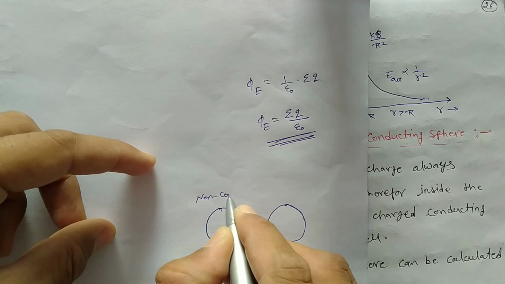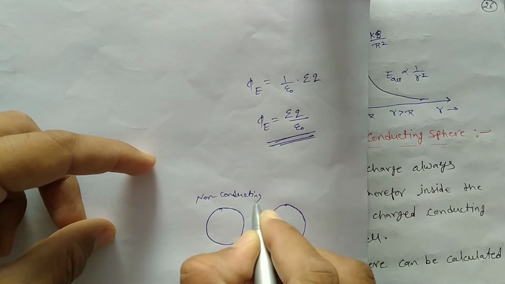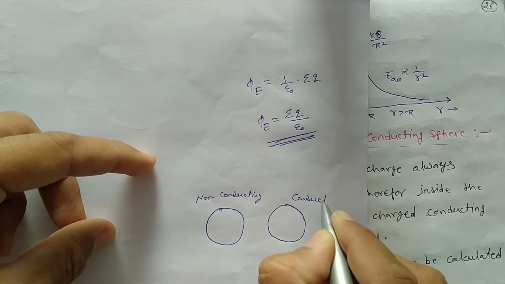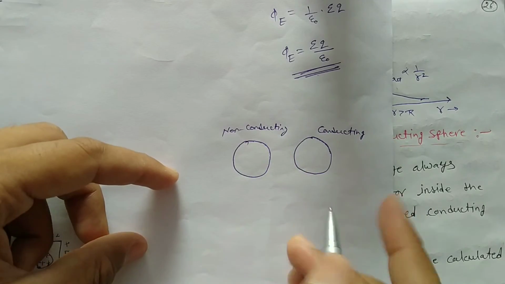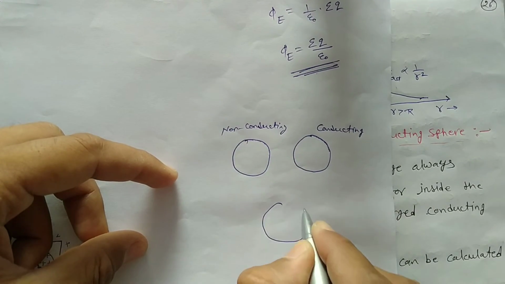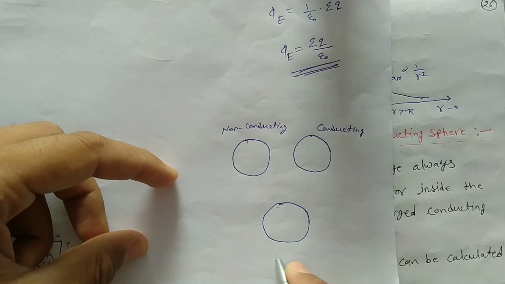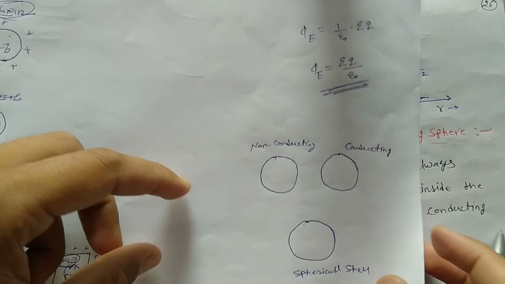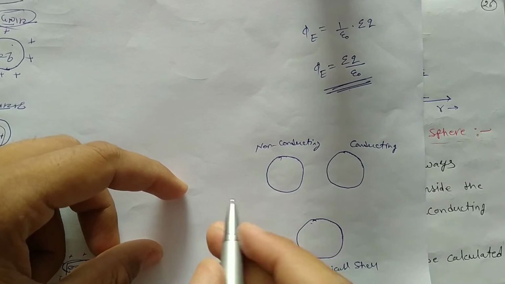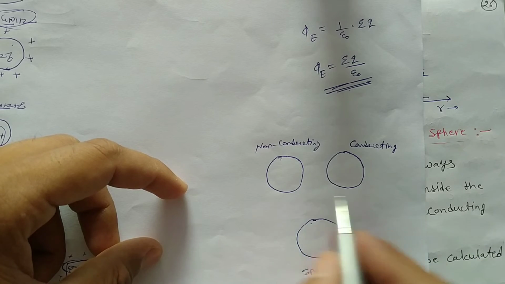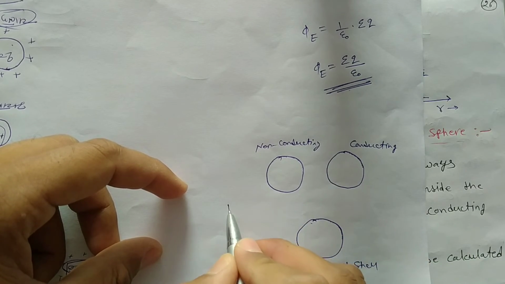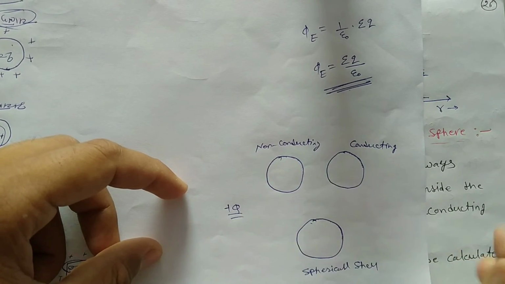This is non-conducting, this is conducting, and we have a spherical cell. Now we charge all these elements by plus q charge.